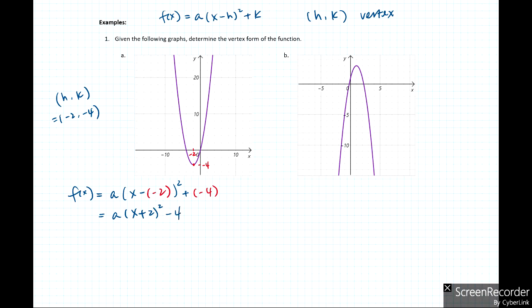Now in order to determine what value a is equal to, we need to choose another point on the graph that's easy to identify. Generally you want to pick a point that falls exactly on the grid intersection. One of the points we can find is this one over here, which crosses the intersection of the grids exactly. You can alternatively choose this point, the mirror image, which is also right on the point.